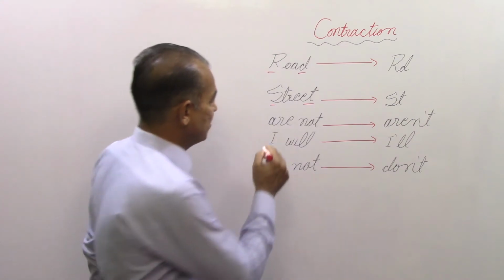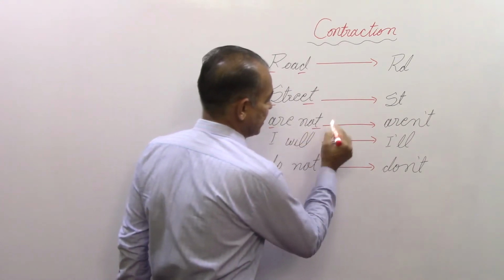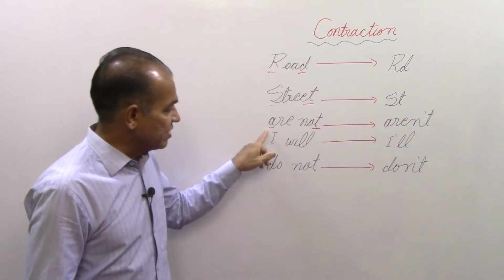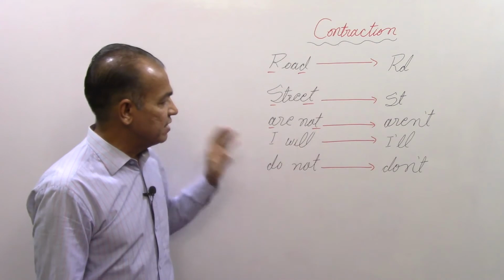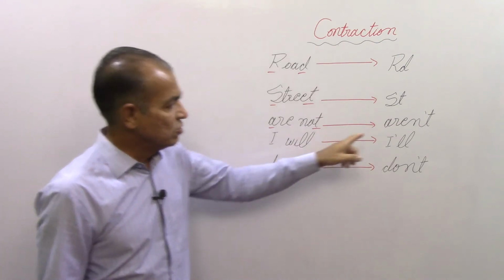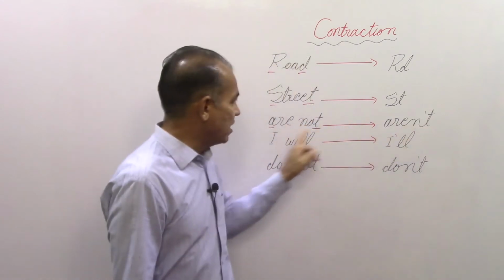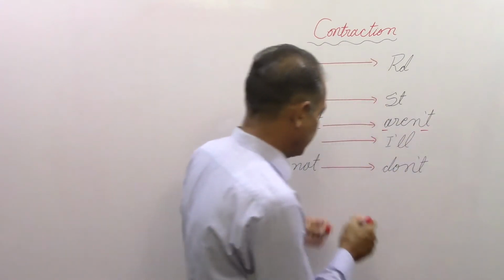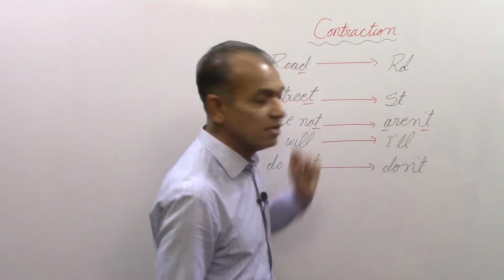A contraction must include the first and the last letters of the contracted word or words. So the first letter is A and the last letter is T. It means the contraction of are not must include A and T. So this is the contraction of are not, and you can see that A and T both are present here. It means that this can be called a contraction.